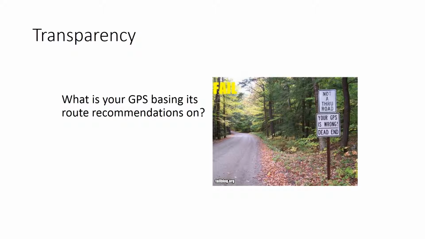Because maybe the operator has more information at their disposal than the system. And if that's the case, that's a good thing for the operator to know. Because if the operator has some experience, they're going to want to evaluate the quality of the automation's decisions, and they can only do that if they have a little bit of transparency. Okay.